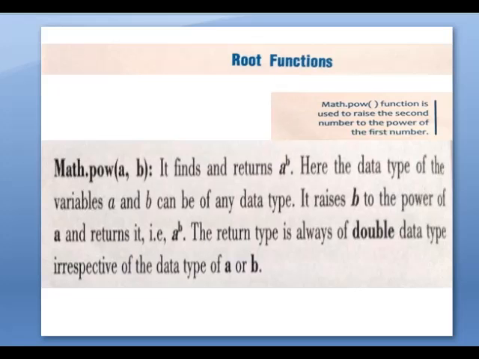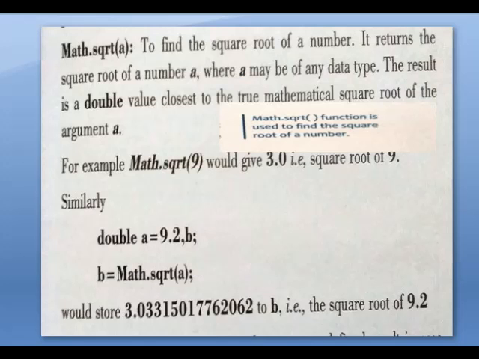Next is the root function, Math.sqrt(a). Sqrt means to find the square root of any number. We have to use this function Math.sqrt. If you are going to find the square root of 4, it is Math.sqrt(4).